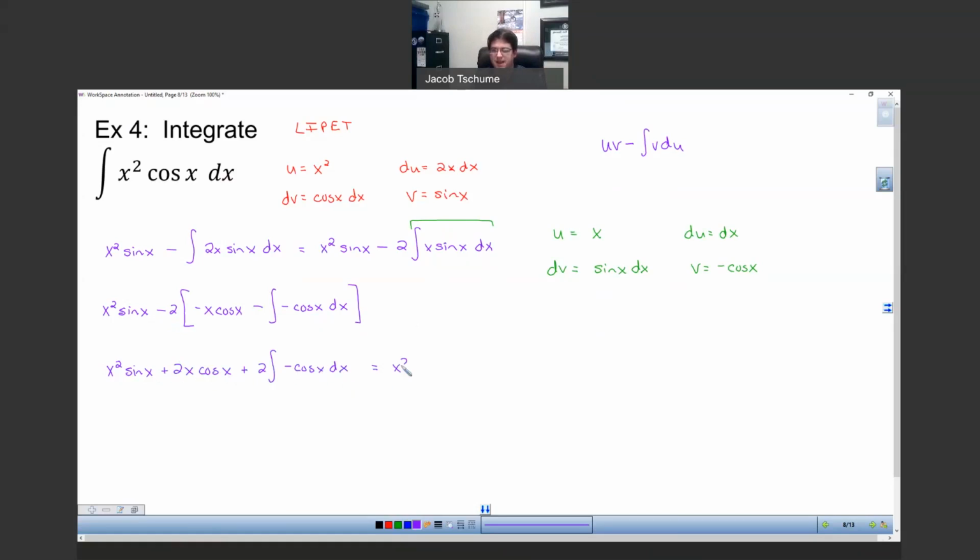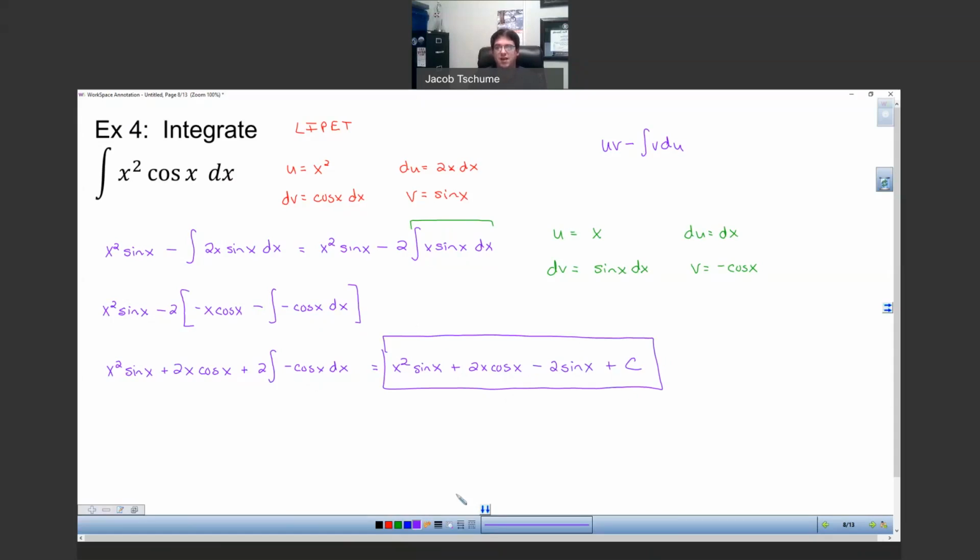So this would be x squared sine of x plus 2x cosine of x. The antiderivative of negative cosine is negative sine, so you actually just get minus 2 sine x, and then don't forget your plus c on the end. This is your integration by parts twice for the original problem.